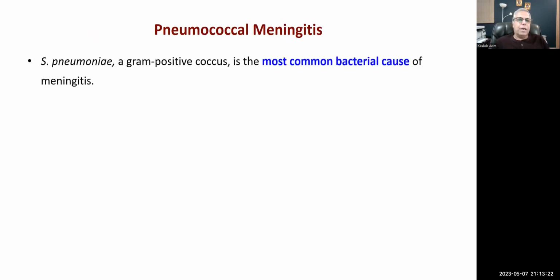So S. pneumoniae, a gram-positive coccus, you already know that. It is catalase negative, and is the most common bacterial cause of meningitis. S. pneumoniae is alpha hemolytic. Just to recall a little bit of microbiology, alpha hemolytic means partial hemolysis. There will be a green color around the colony.